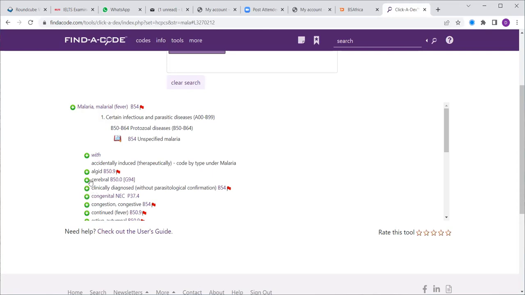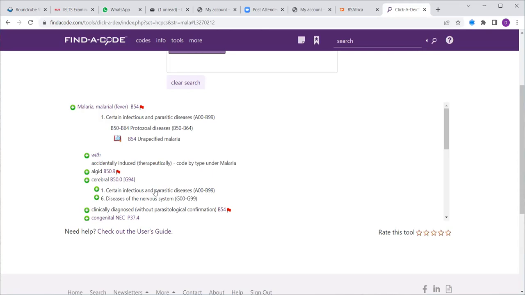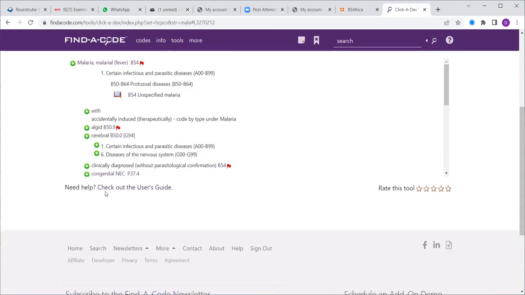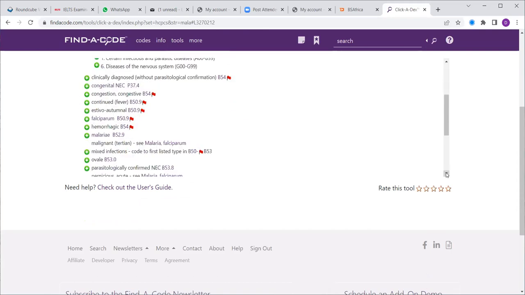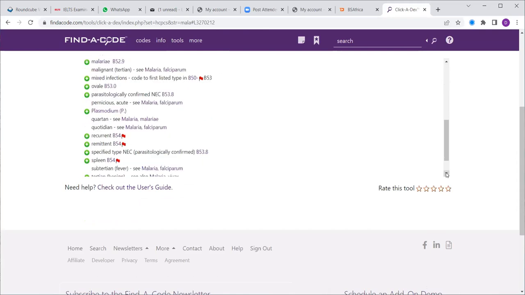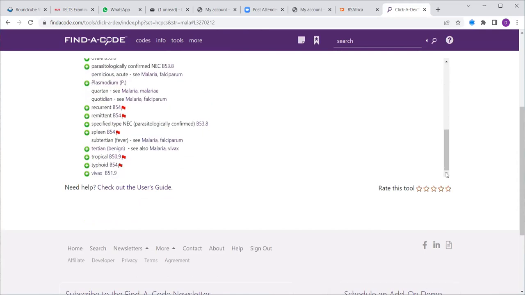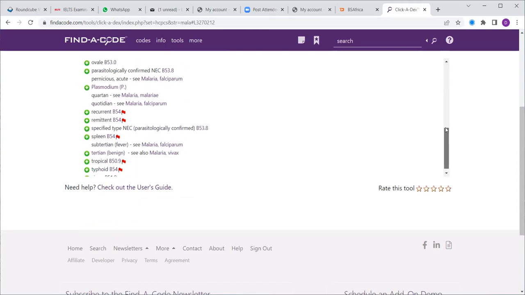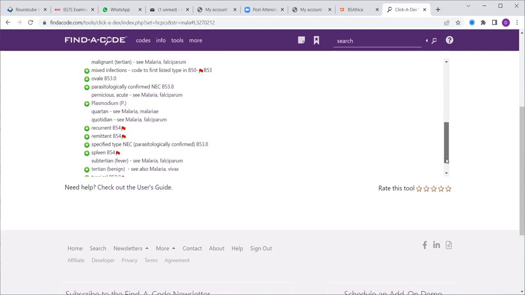When there's malaria in the brain, cerebral malaria, there are different codes for it. Wow. When there is malaria in a pregnant woman, malaria in accident, malaria in children, there are different types. Wow. And each of them has its own code. Have you seen it? Each of these has its own code.